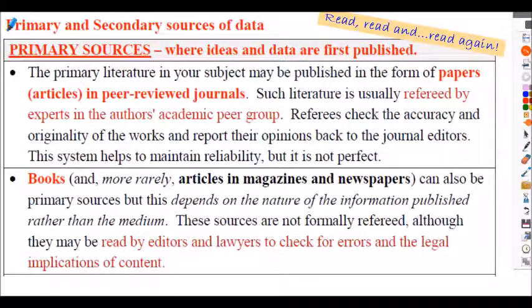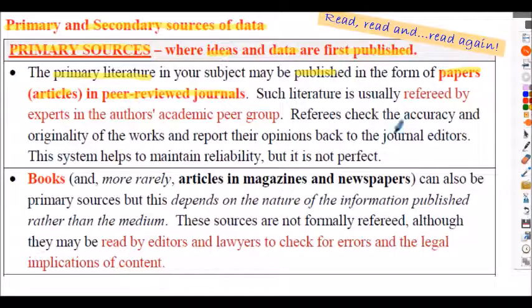Let's consider the difference between primary and secondary sources of data. Primary sources are where ideas and the data are first published. So primary literature in your subject area may be published in the form of papers or articles in peer-reviewed journals.